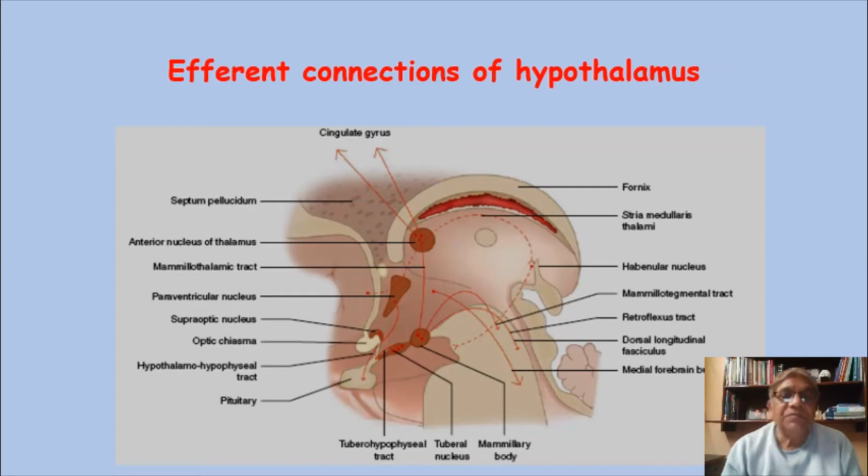Deep to this is the lateral nucleus, a large lateral nucleus is present, and the other lateral nuclei, that means the nuclei of the lateral zone, will send the fibers via the medial forebrain bundle. So these are the efferent fibers going to the hippocampal formation.